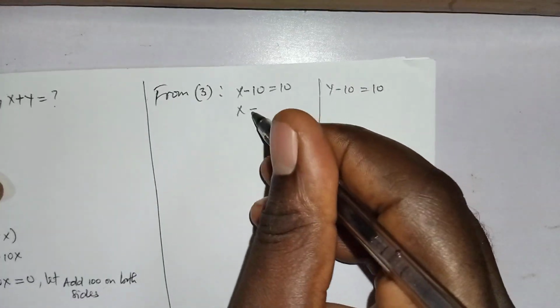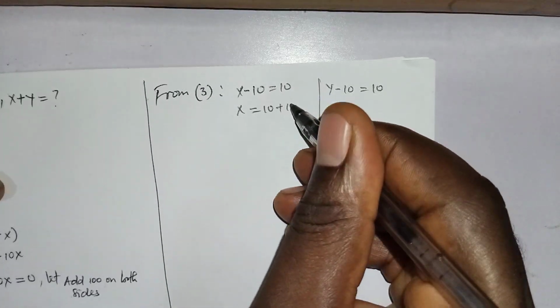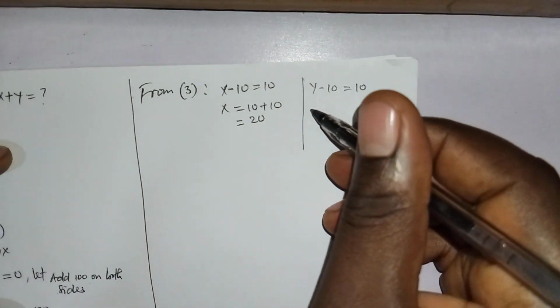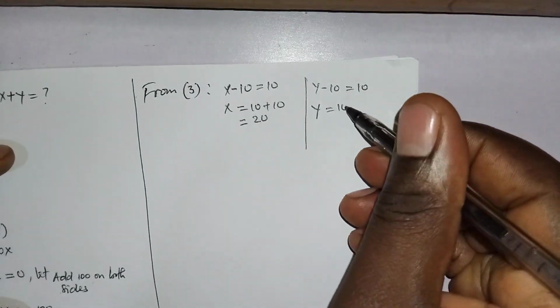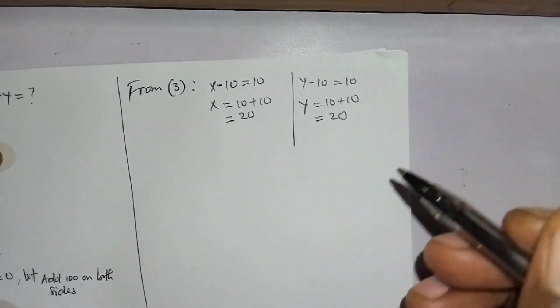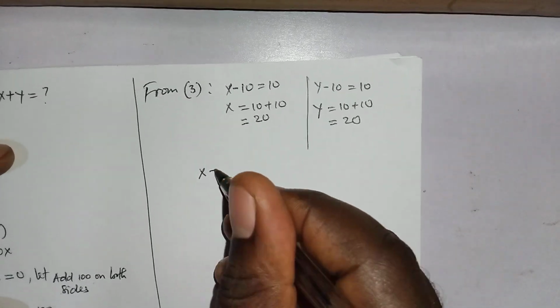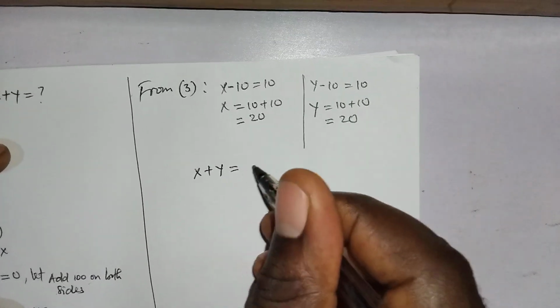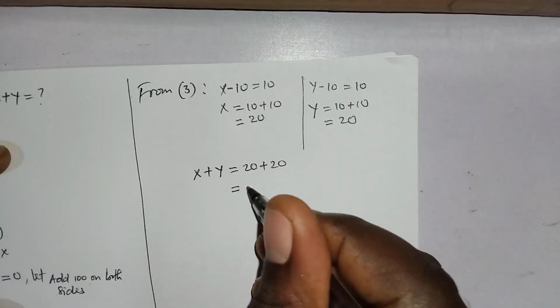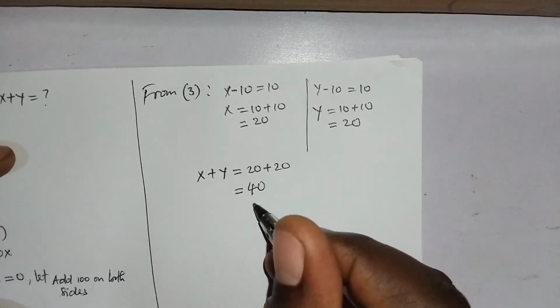So x is equal to 10 plus 10, which is equal to 20, and y is equal to 10 plus 10, y which is equal to 20. So x plus y is equal to 20 plus 20, which is equal to 40.